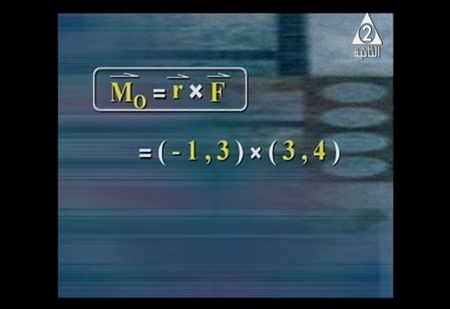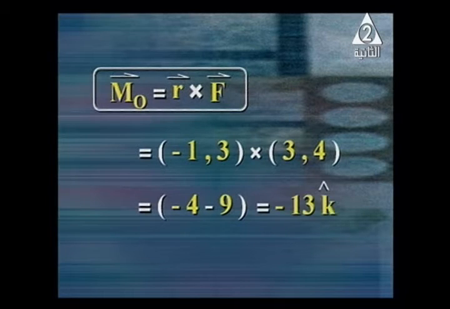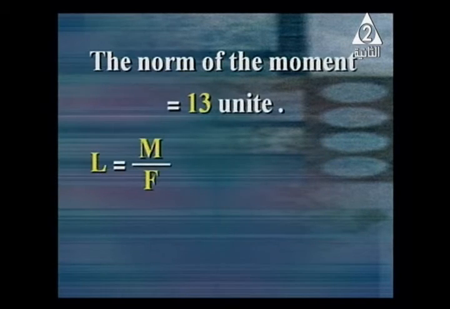Negative 1, 3 in ordered pair cross 3, 4. We multiply negative 1 times 4 minus 3 times 3 equals negative 13k. After that, for the norm of the moment, we find the absolute value of negative 13, which equals 13.